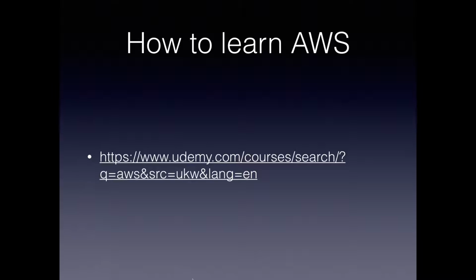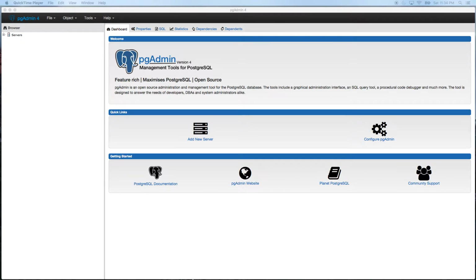In particular, his course on the Solutions Architect Associate exam gives a very comprehensive run through of all the AWS solutions available. It's a great way to get your head around the full breadth of what's on offer there. So enough about that, let's get started.